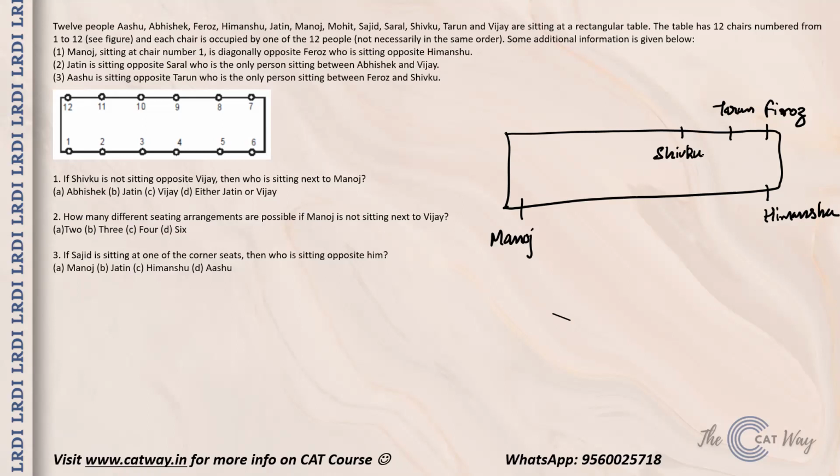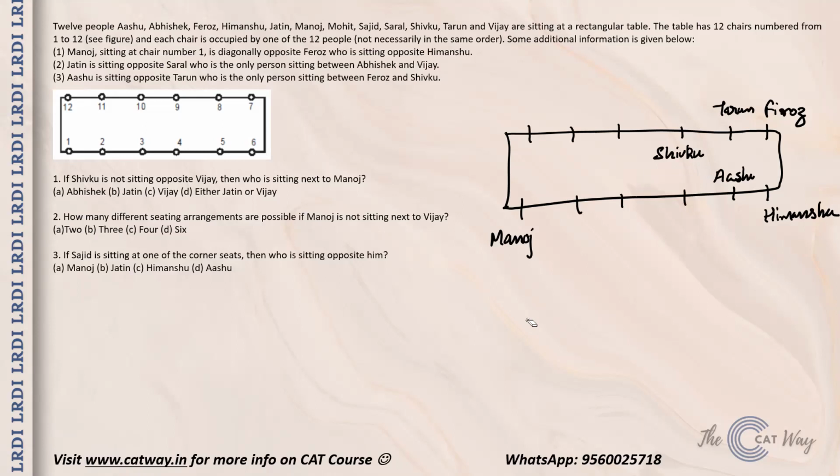And Ashu is sitting opposite Tarun, so Ashu's seat number will be 5. Okay, so now this much is known to us, right? There are 3 more people who will be sitting in these positions, and 3 more people who will be coming over here.